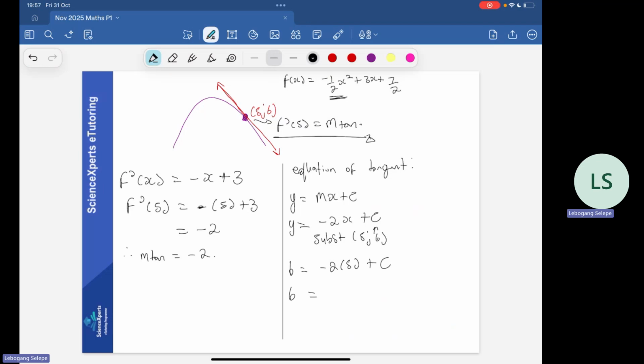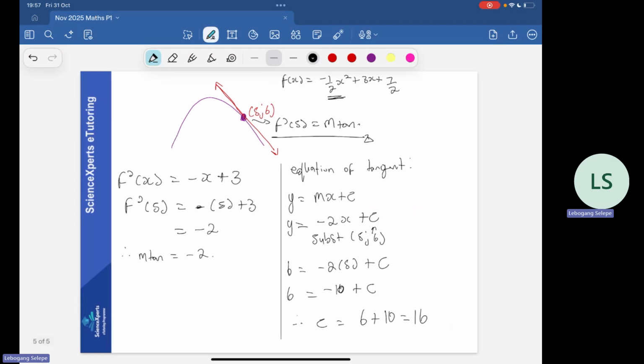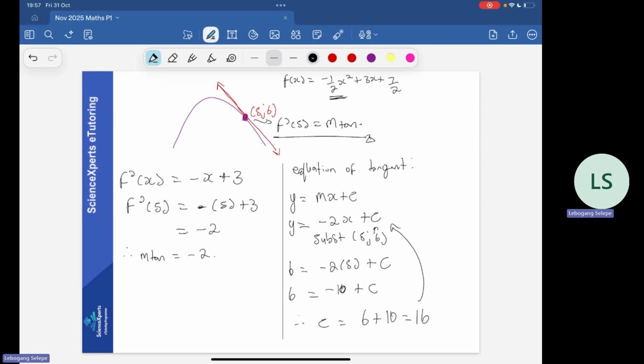Then I would have 6 is equal to negative 10 plus c, right? Therefore, c would be 6 plus 10, which is 16. Then plug that 16 there. Therefore, y is equal to negative 2x plus 16.